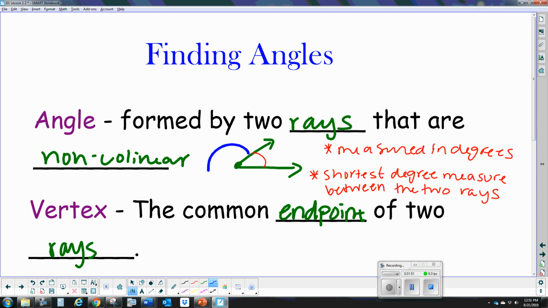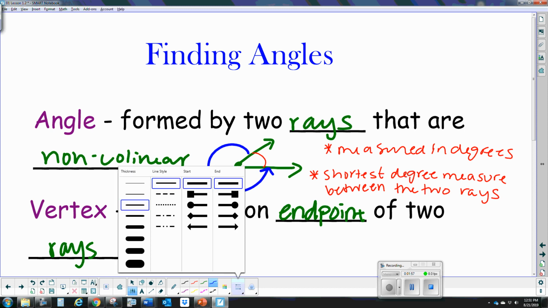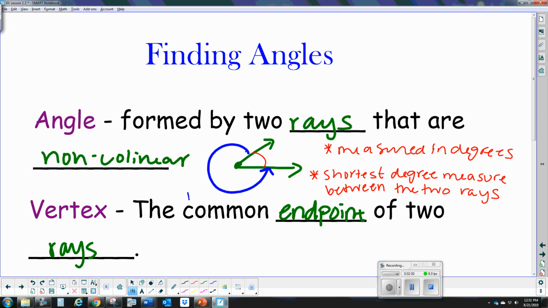This distance between these two rays is called the reflex angle measure, and that is the longer or the larger distance between the two rays.